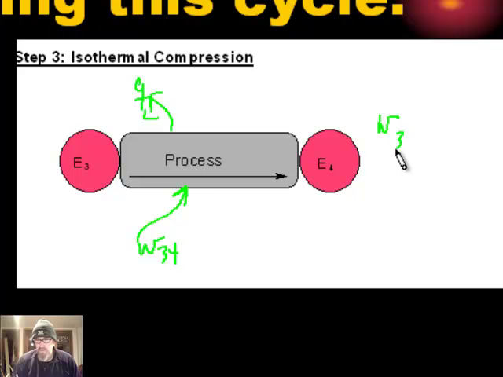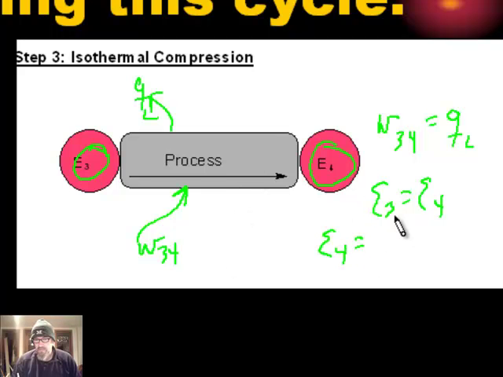So we could say work 3, 4 is equal to Q low, the low temperature heat loss, and because of that, E3 equals E4. There's no change in internal energy in this process. The work is matched by heat loss. But remember that E4, because it's equal to E3, is really equal to E1 minus the work from step 2 to 3, because that's what E3 was.